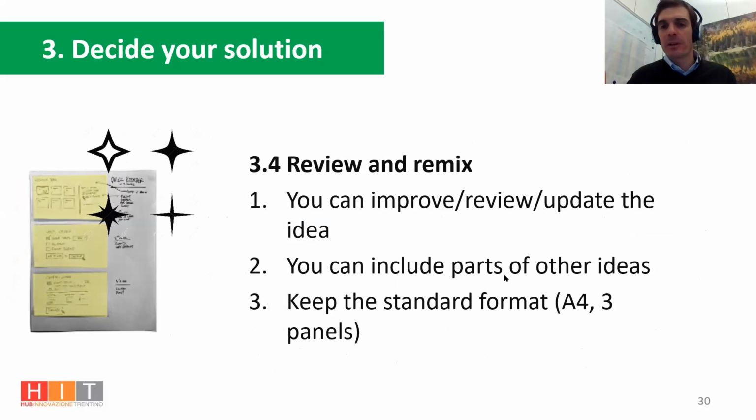That's totally possible. The only requirement of the design sprint is that you end up having only one idea which is structured in the same format of this A4 sheet of paper divided into 3 panels, okay, with a title, with a name, which is very important. Otherwise, you end up confusing all the ideas, okay?